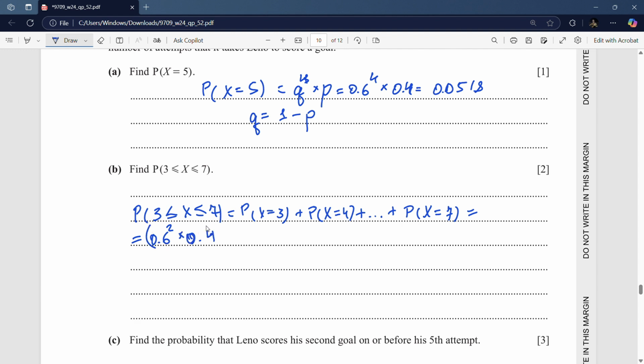This is one of them, and here we have 0.6 cubed multiplied by 0.4, and in the last we will have 0.6 raised to the power 6 multiplied by 0.4, which in total gives us 0.332 in 3SF.